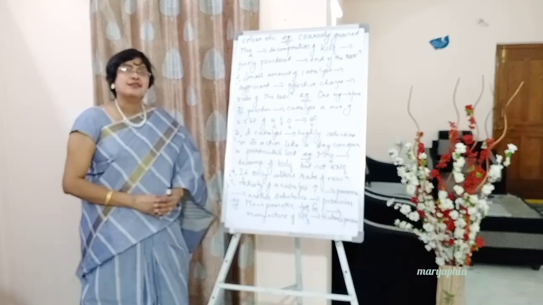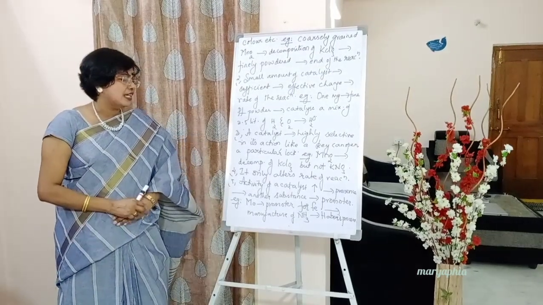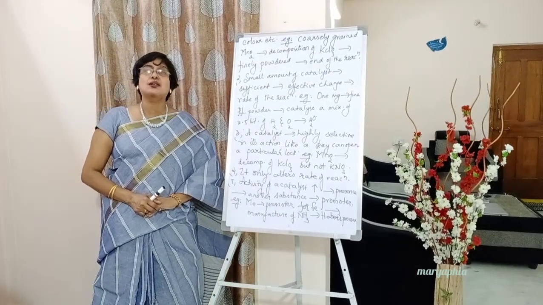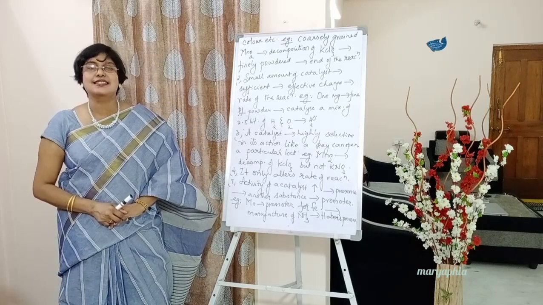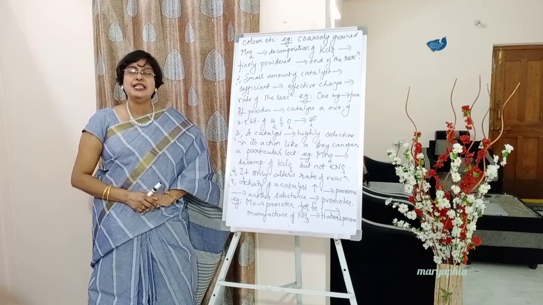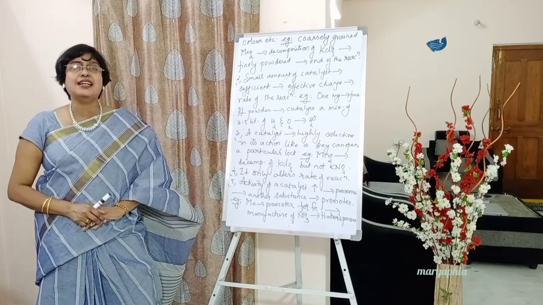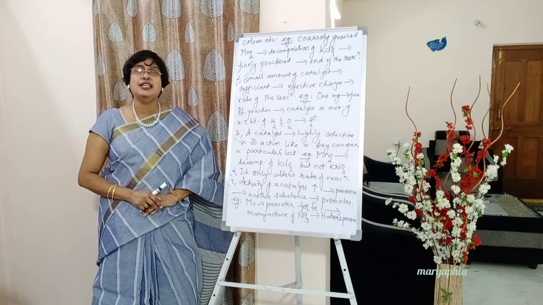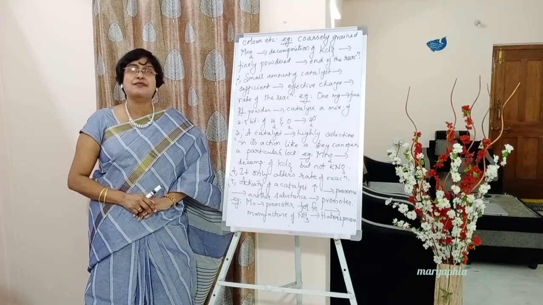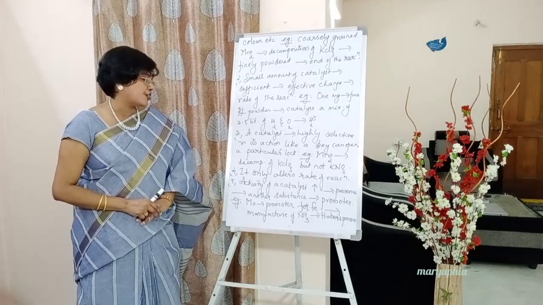Next, fifth one. Activity of a catalyst increases in the presence of other substances called promoters. For example, molybdenum acts as a promoter for iron catalyst which is used in the manufacture of ammonia, that is Haber's process from N2 and H2.